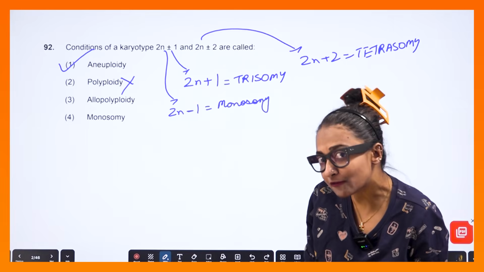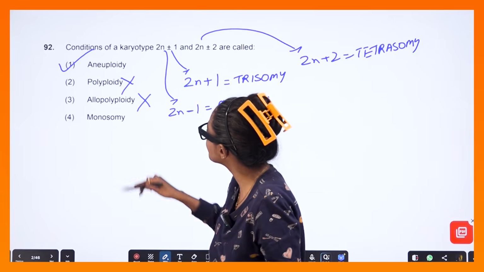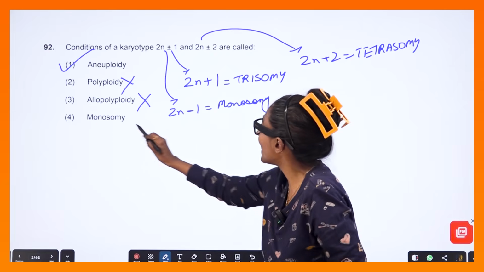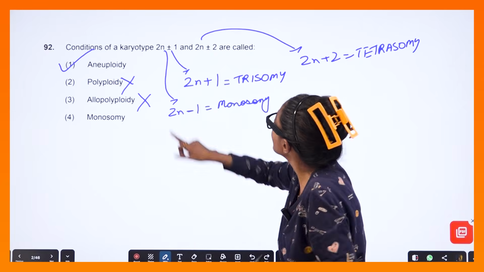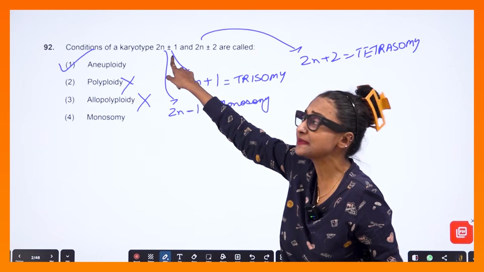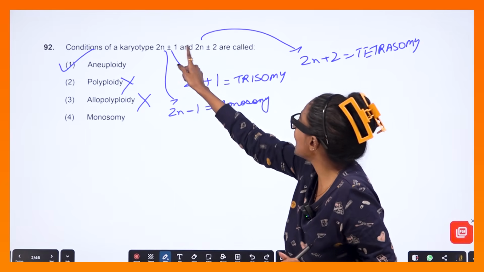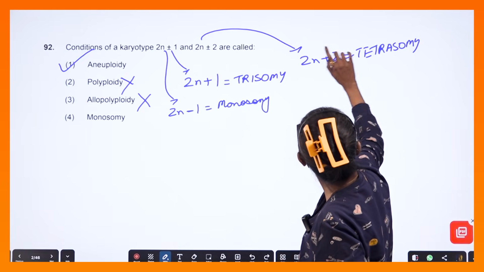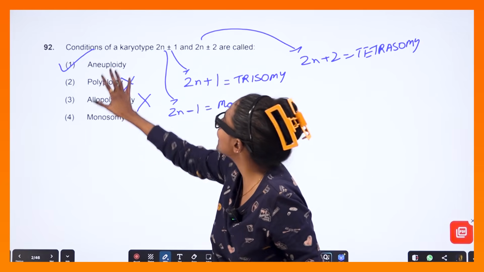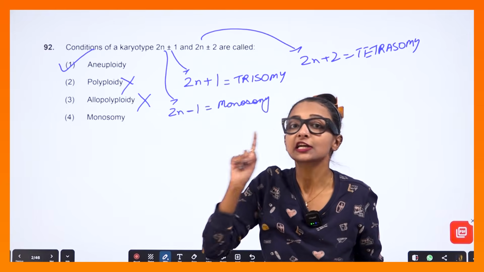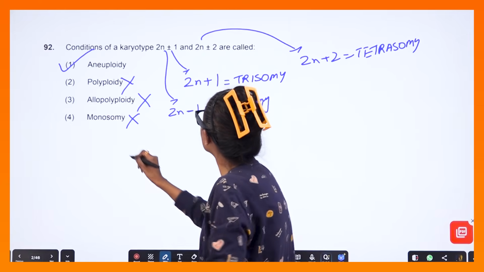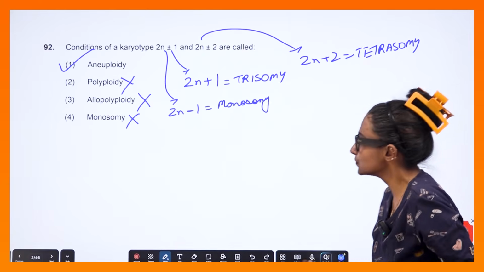Allopolyploidy is a type of polyploidy. And why am I not taking monosomy? Because the karyotype given here includes monosomy, trisomy and tetrasomy, so the entire group is aneuploidy, not just monosomy. Let's move on.